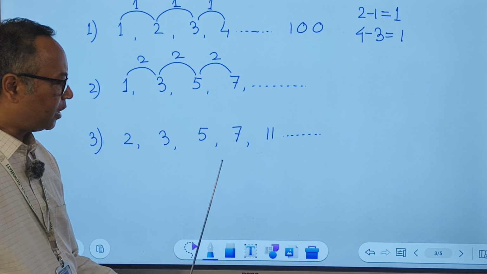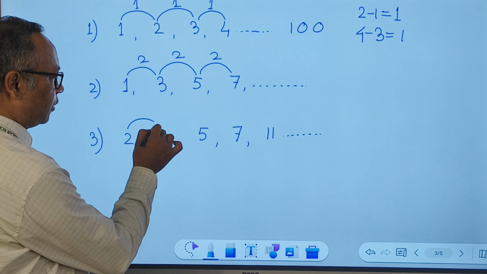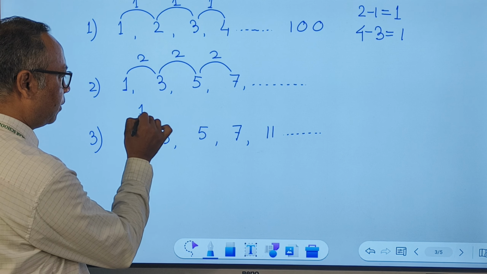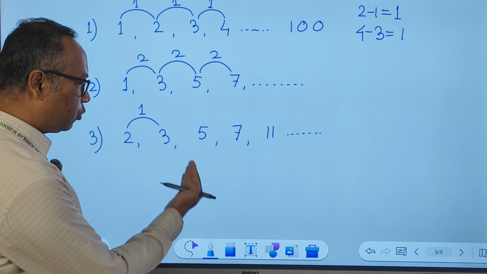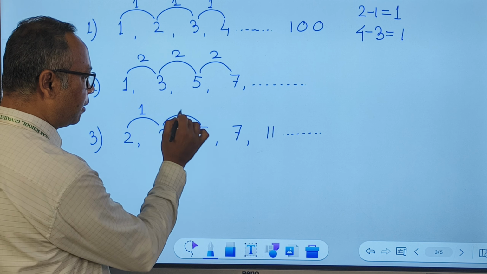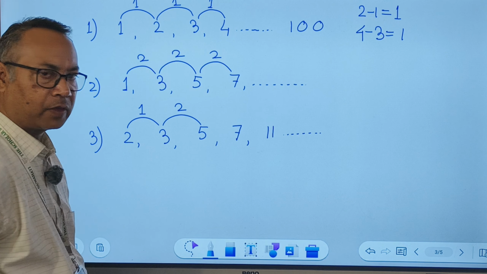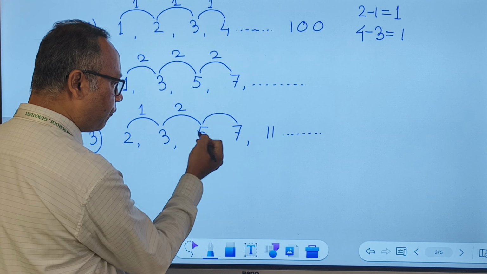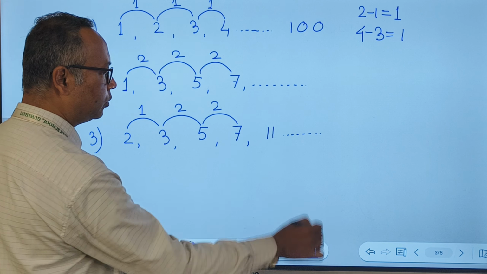Now, in this case, if we see the difference between these two numbers, 3 minus 2 is equal to 1. The difference between these two numbers, 5 minus 3, is 2. In this case, the difference between these two numbers is 7 minus 5, again 2.